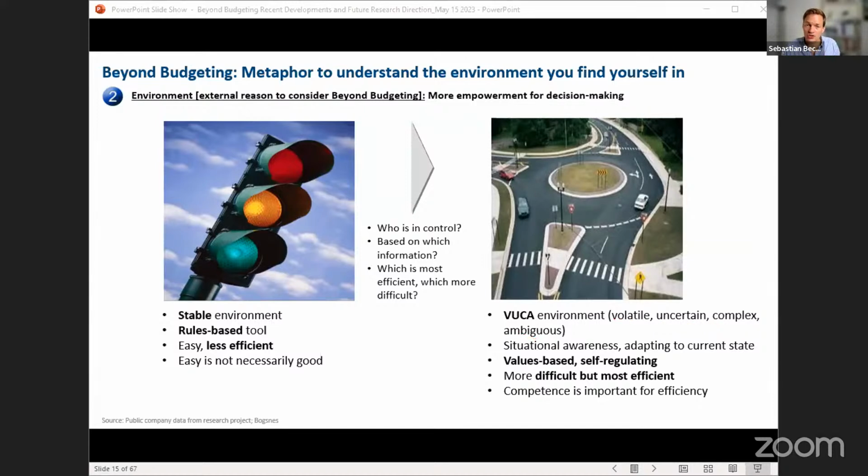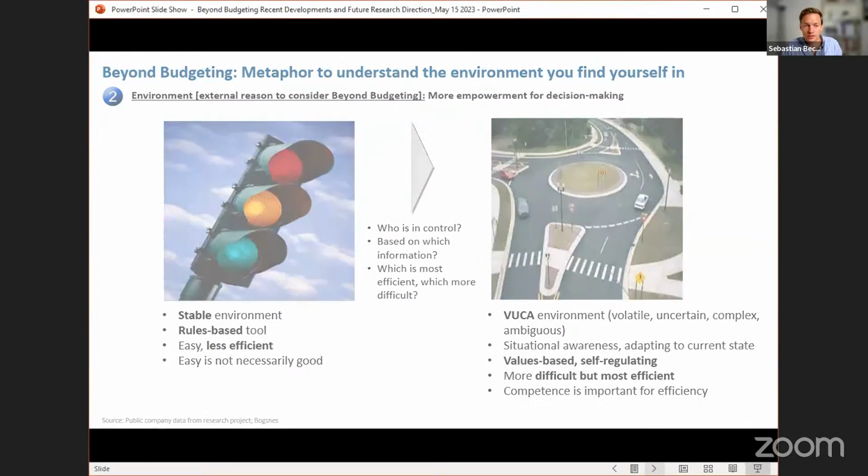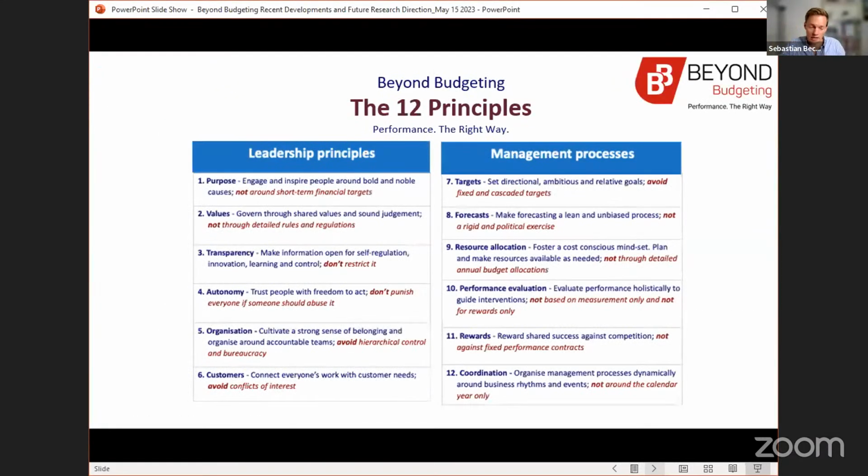So another motivation to change and to do beyond budgeting would be maybe the environment that you find yourselves in. Now we still haven't seen what beyond budgeting is. What does it look like? I mentioned already that Jeremy Hope and Robin Fraser said, we are unhappy with the way traditional budgeting creates command and control organizations.